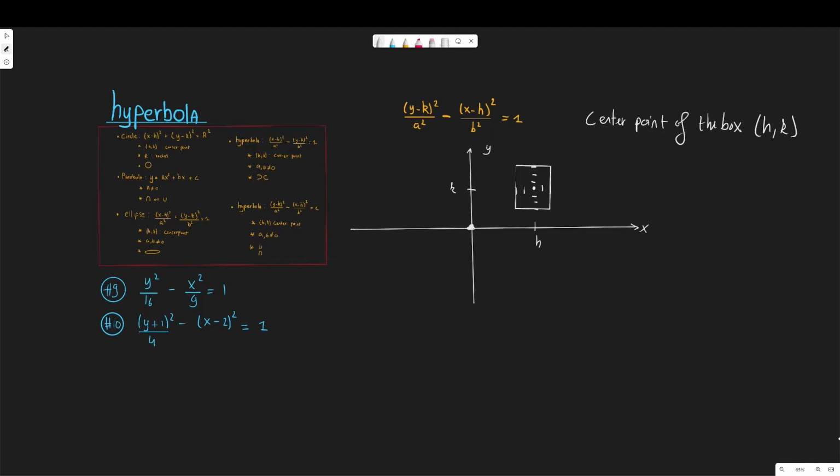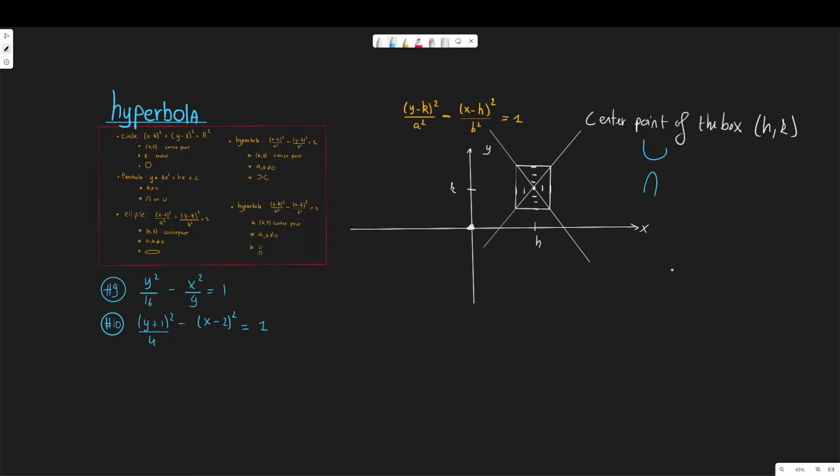And now we're going to have to connect the corners for the asymptotes, so let's do that. And now that we have our asymptotes, the only thing that is left to do is to sketch our hyperbola, which will be of the form along the y-axis, because the y term in our equation is in front.